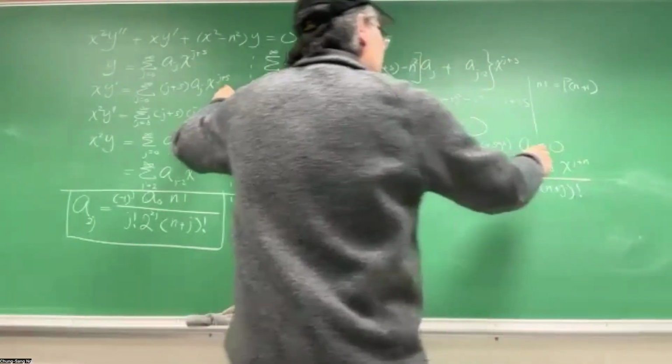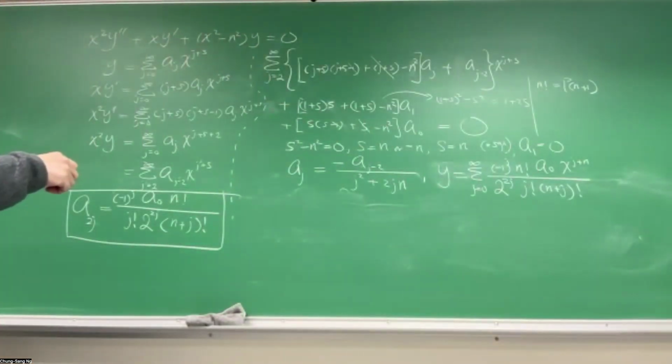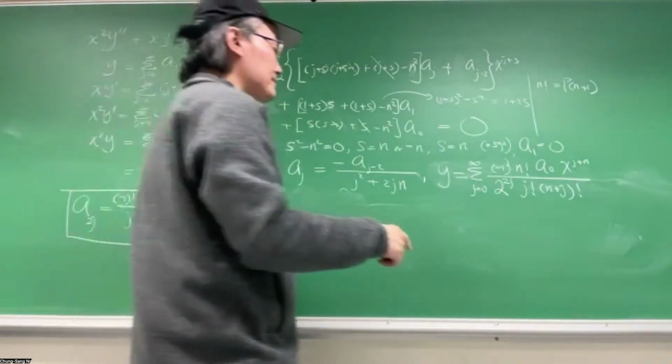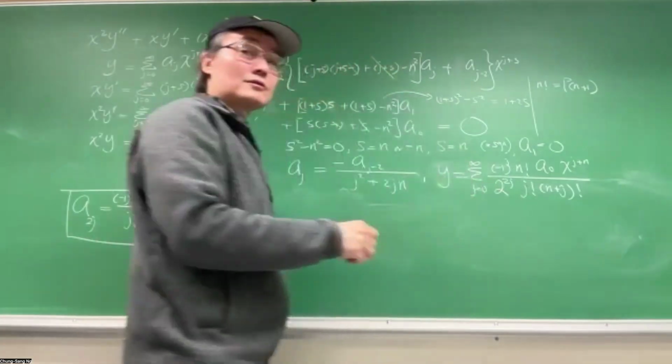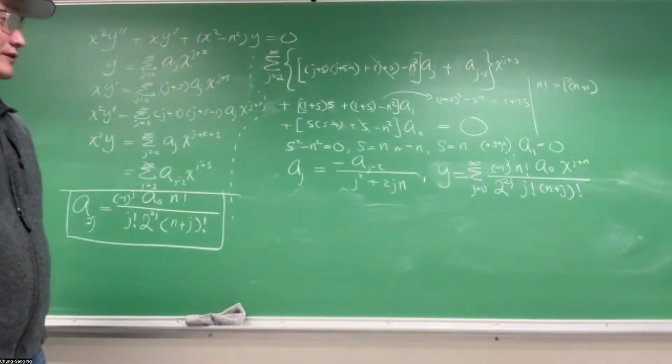Now keeping in mind that n can be negative. So that's the solution, the form of the series solution.